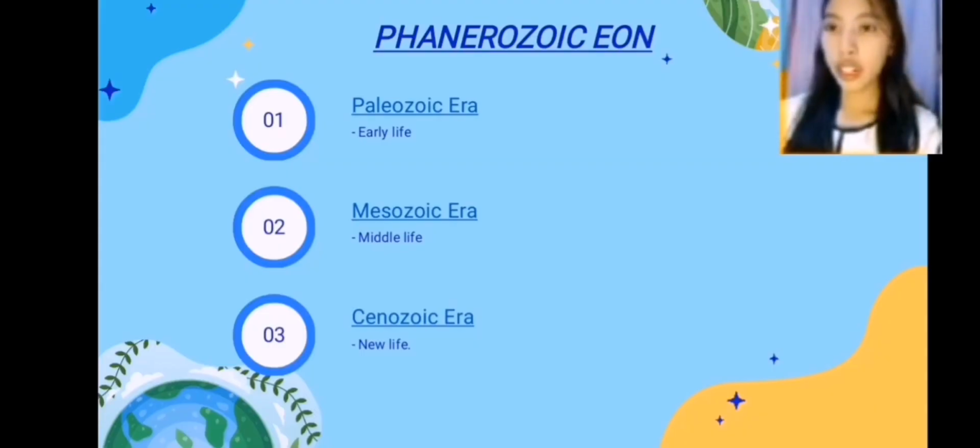Paleozoic era, early life, is the oldest era of the Phanerozoic Aeon, spanning from about 541 to 252 million years ago. It is characterized by the emergence and diversification of many animal and plant groups, including fish, amphibians, reptiles, and insects.